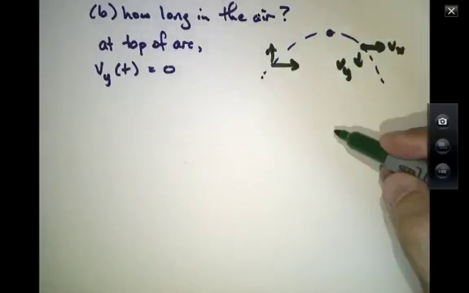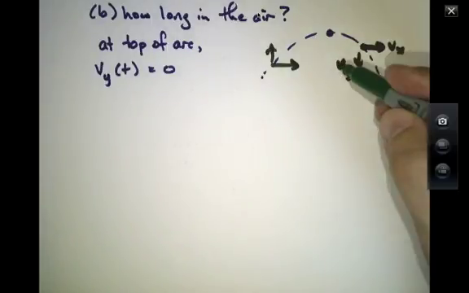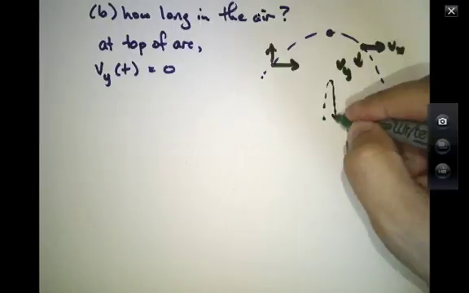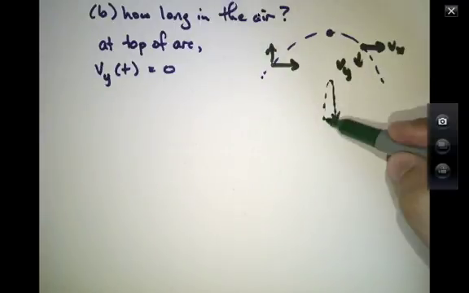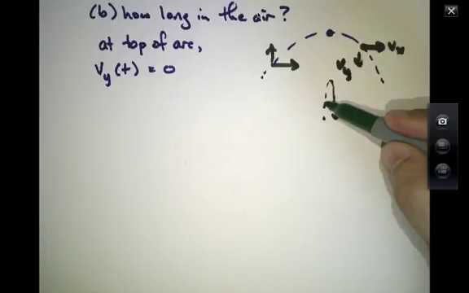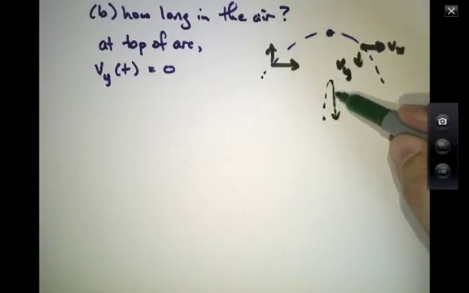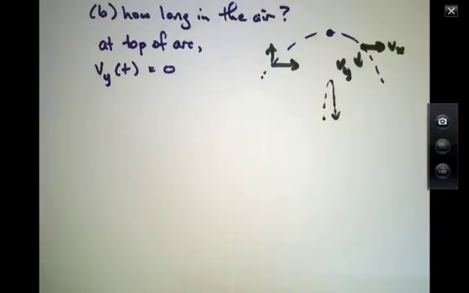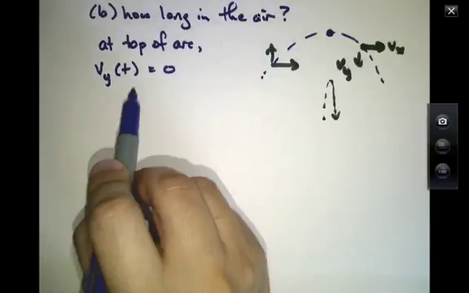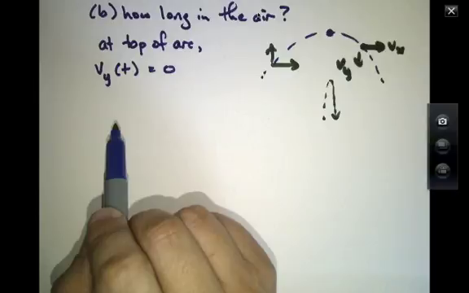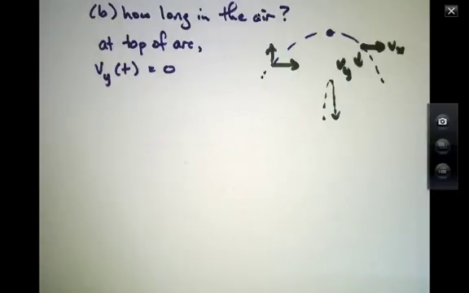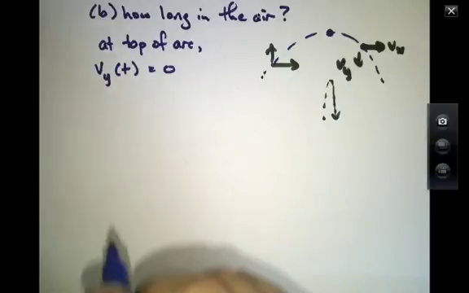It's just like when we launch a ball straight up in the air. It's going up, but the vertical component of velocity is getting smaller and smaller. It's 0, and then it's getting bigger and bigger, but in the negative direction. So we can insert that particular piece of knowledge here, that Vy at that time, whatever that time is, is equal to 0.